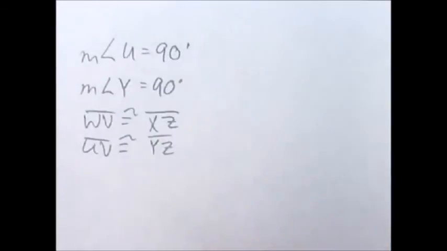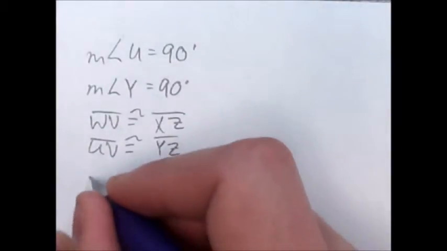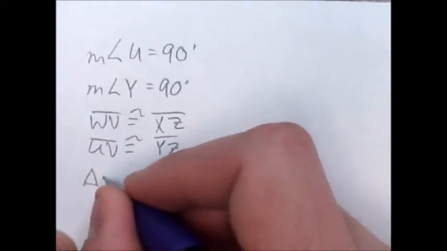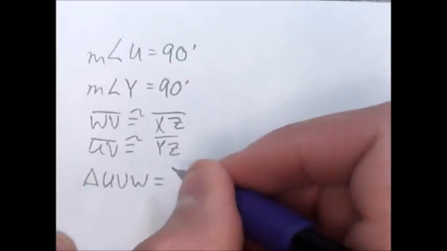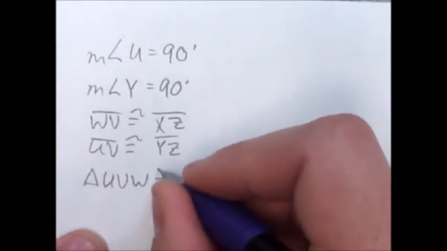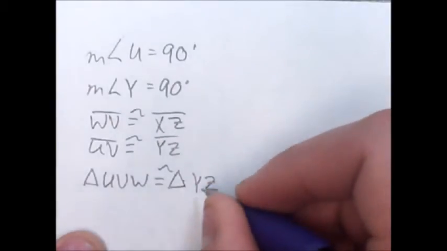Okay, so from that information, we can use hypotenuse leg to make the following statement: triangle UVW is congruent to triangle YZX.